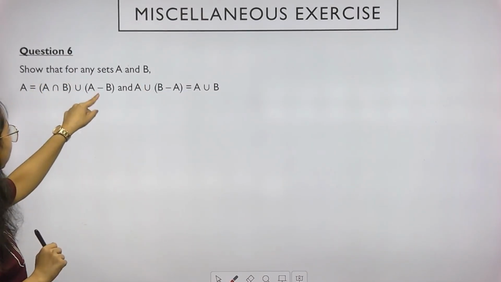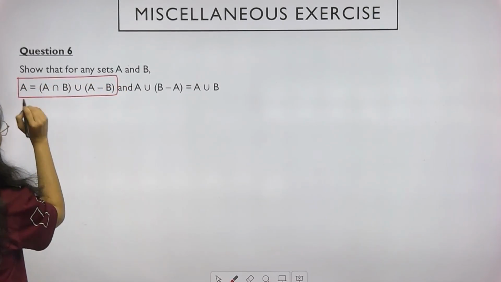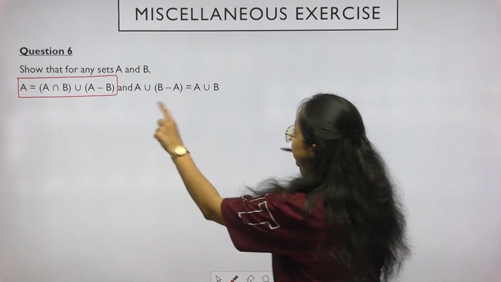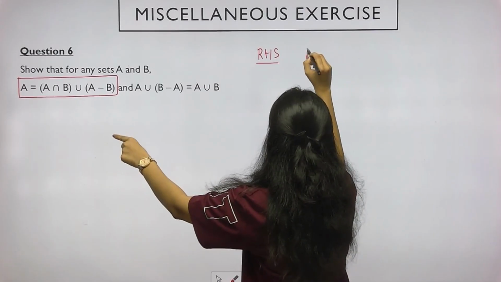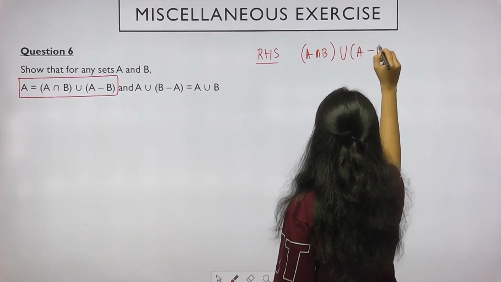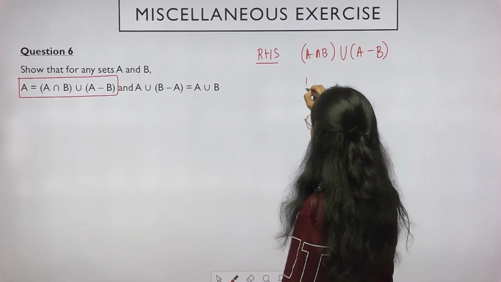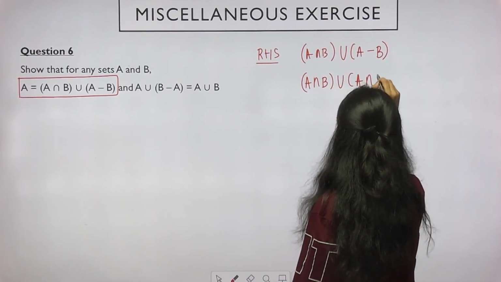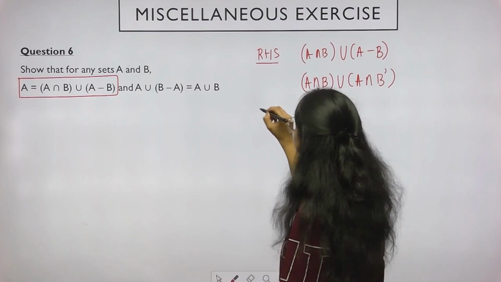Show that for any sets A and B, A is equal to A intersection B union A minus B. So let's prove it. We'll take the RHS, which is A intersection B union A minus B. Clearly, we know that A minus B is A intersection B complement. Now we'll use the distributive law here.